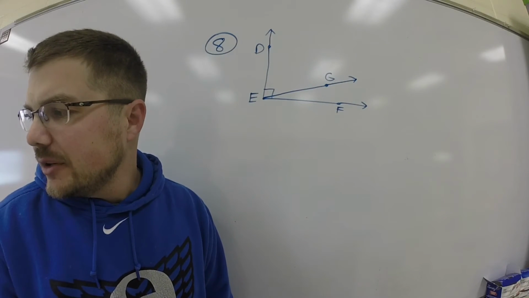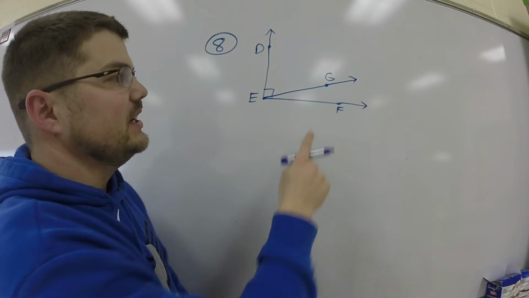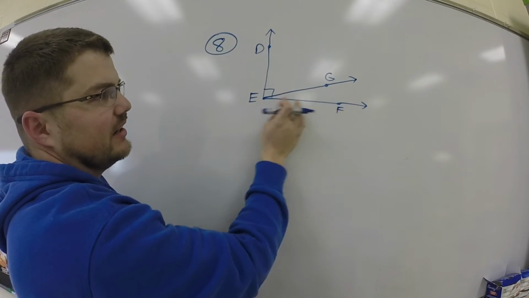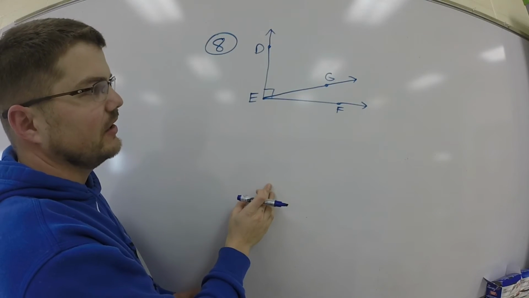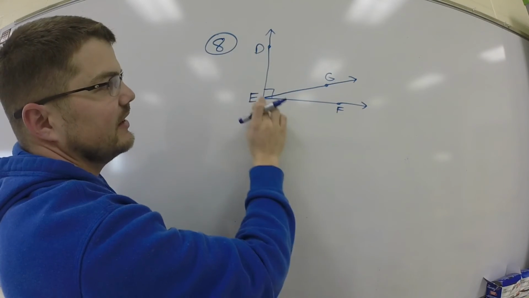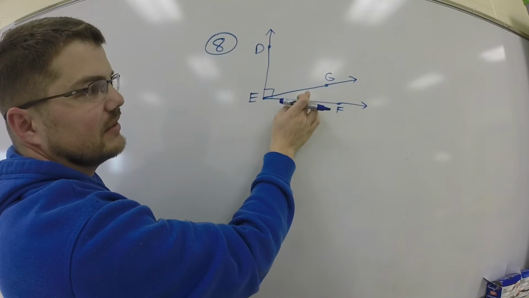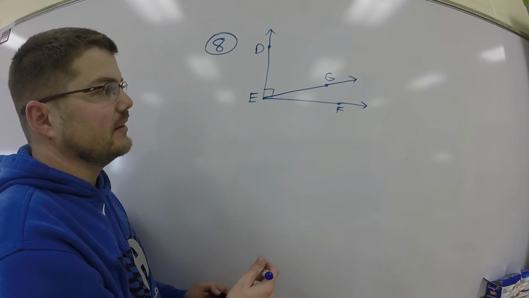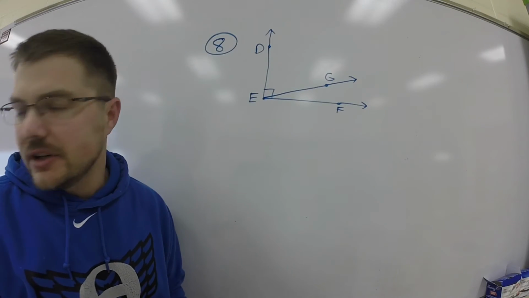Which of the following could be the measure of angle GEF? And so what we need to know is GEF has to be less than 90 degrees. DEF is 90. GEF is going to be less than 90, and there's only one answer choice that's less than 90. I think it's 85 degrees.